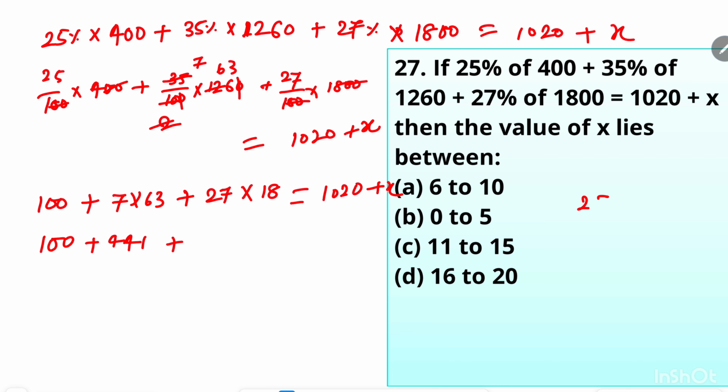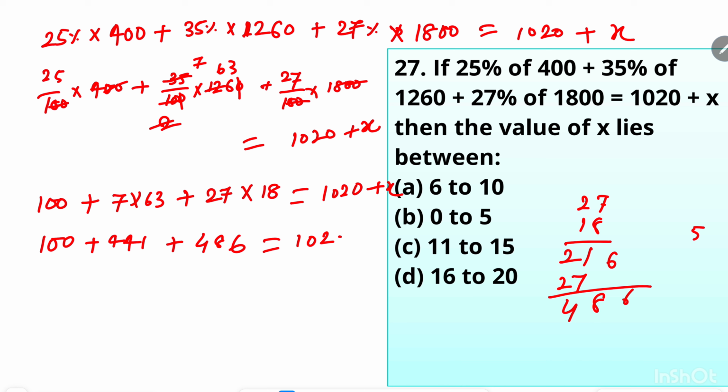Further, if you multiply 27 with 18, how much will you get? 486.